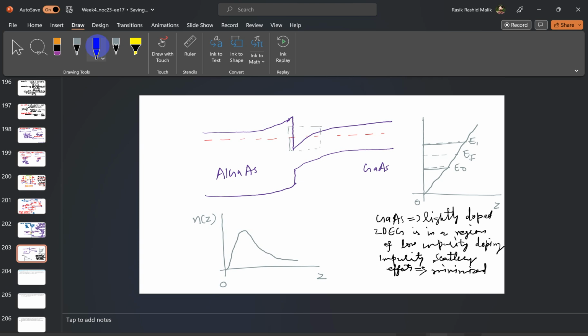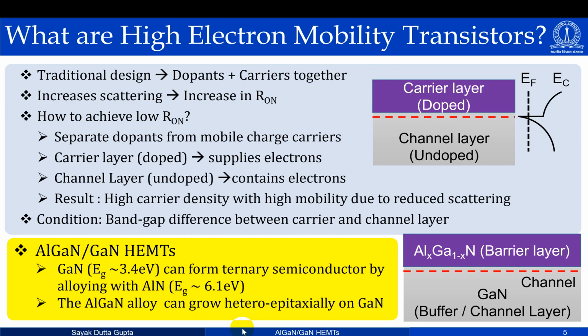I do not remember the values, but it is very high in case of the 2DEG of the aluminum gallium arsenide. And this is very interesting because this forms a very special type of transistor. This 2DEG can be used to make special devices called high electron mobility transistors.